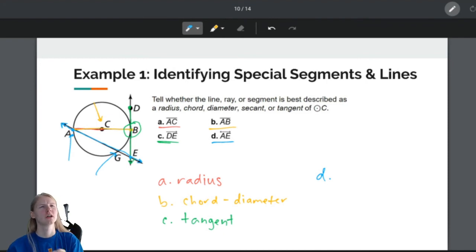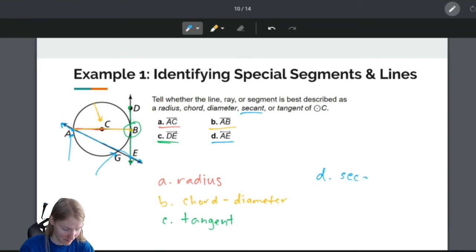No, a chord has two endpoints on the circle. But this isn't a line segment. It doesn't have endpoints. This is a line that goes through the circle and intersects it at two places. So that is what we call a secant. So the line AE is a secant line.